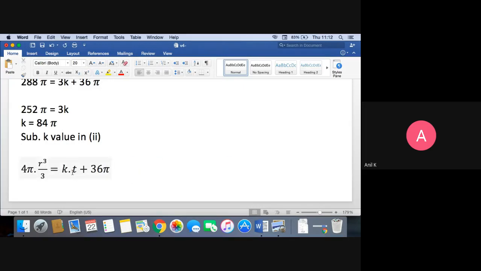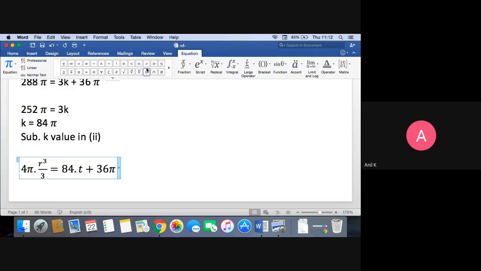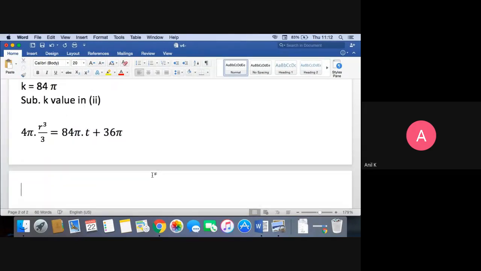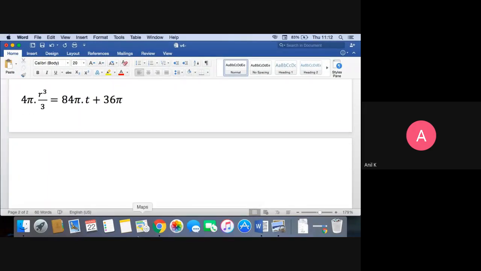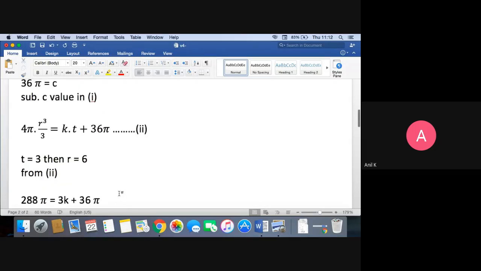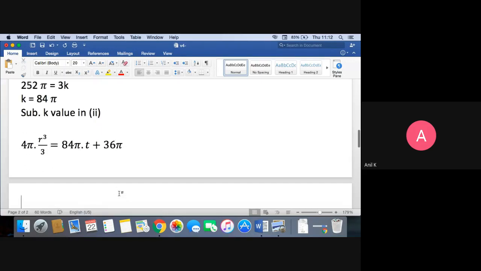Here in place of k, I have to replace 84 pi. Now you can simplify. What you get: 84 pi into t, plus 36 pi. Now at any given time, you can find the radius. If I know the t value, I substitute it and simplify. If you want, you can simplify this further.